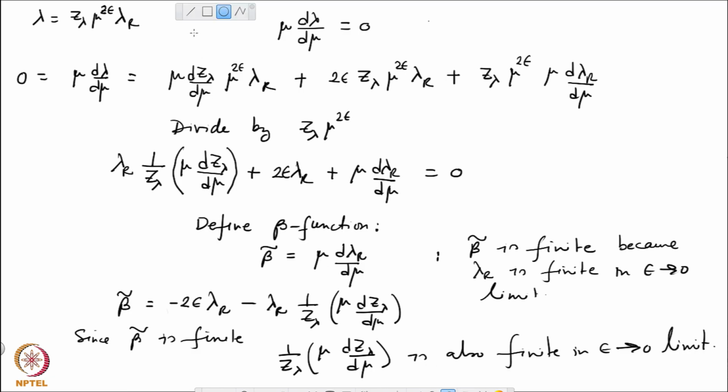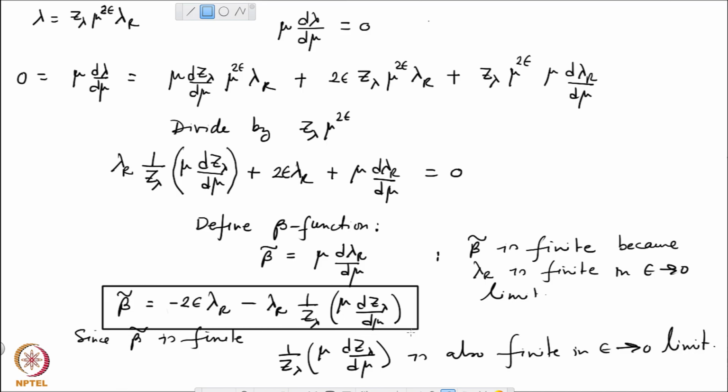So yeah, I'll substitute that thing in here.